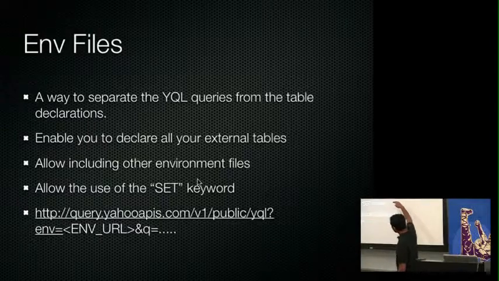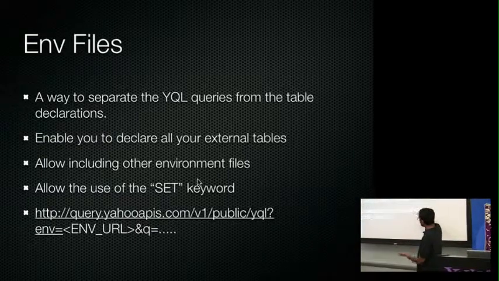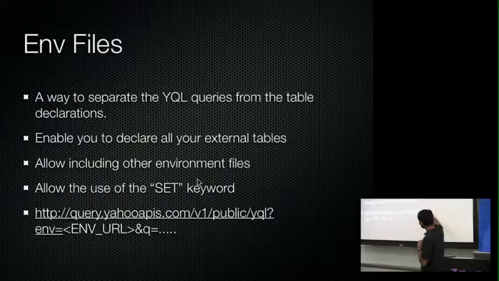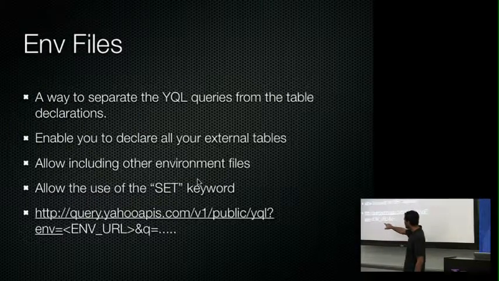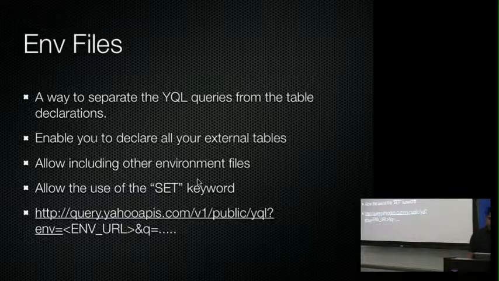But once you have an environment URL, you would simply make a query to query.yahooapis.com/v1/public/yql, that's your endpoint, and add an env parameter with the environment URL. All you have to do is make it publicly accessible and then give your query, rather than having your use statements interspersed with your query, which makes it very long and unwieldy. You can't refactor your query very easily, etc.